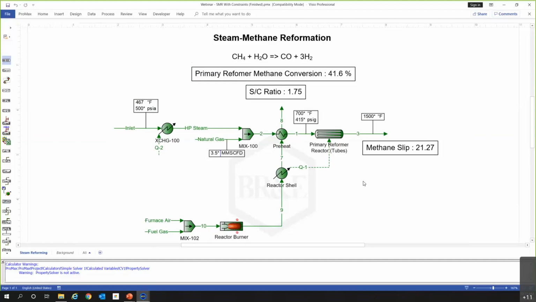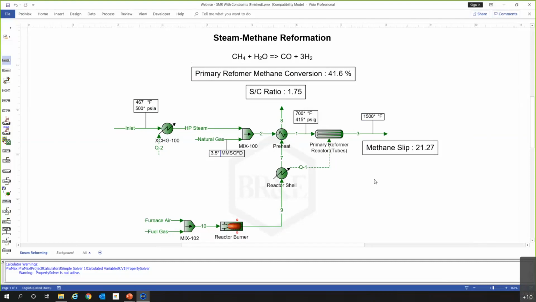We know from our case study that we are not running optimally. We have a really old catalyst and that activity is really affecting our reaction. Therefore, we need a reactor that's going to mimic that loss of catalyst activity. So to do that, we're going to use something called a constraint within the reactor.